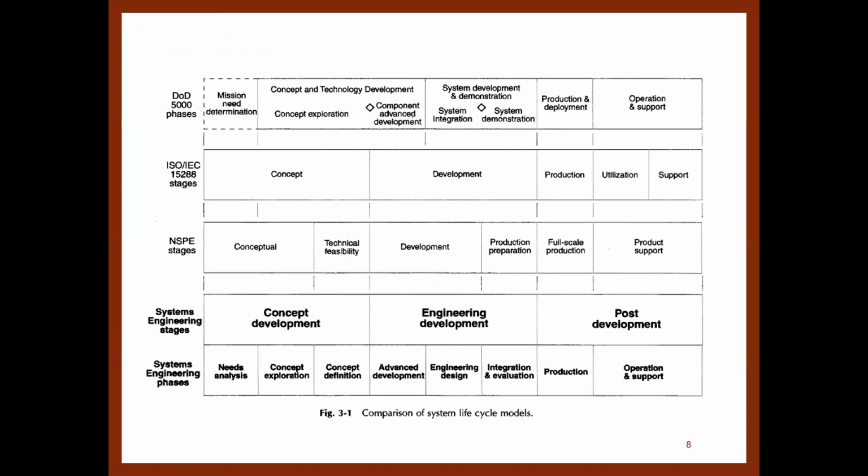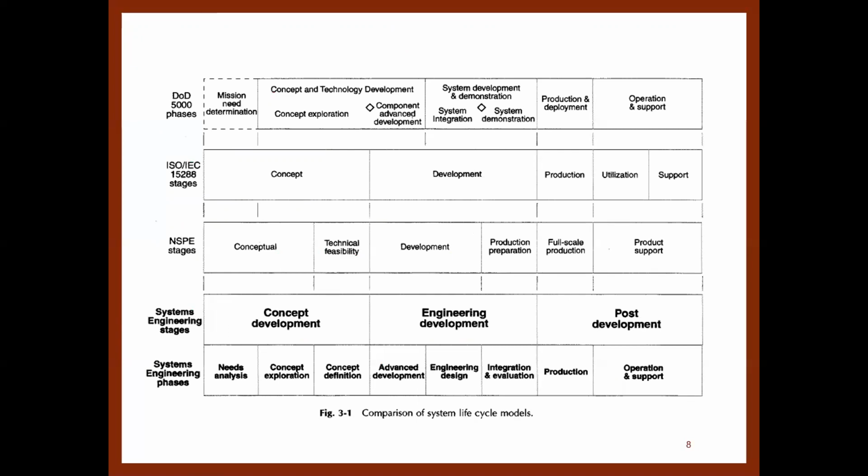So here, you see the comparison of system lifecycle models. The DoD is at the top, and then we have the ISO on the second level. We have the National Society of Professional Engineers on the third row. And then we have the systems engineer stages and the systems engineering phases.